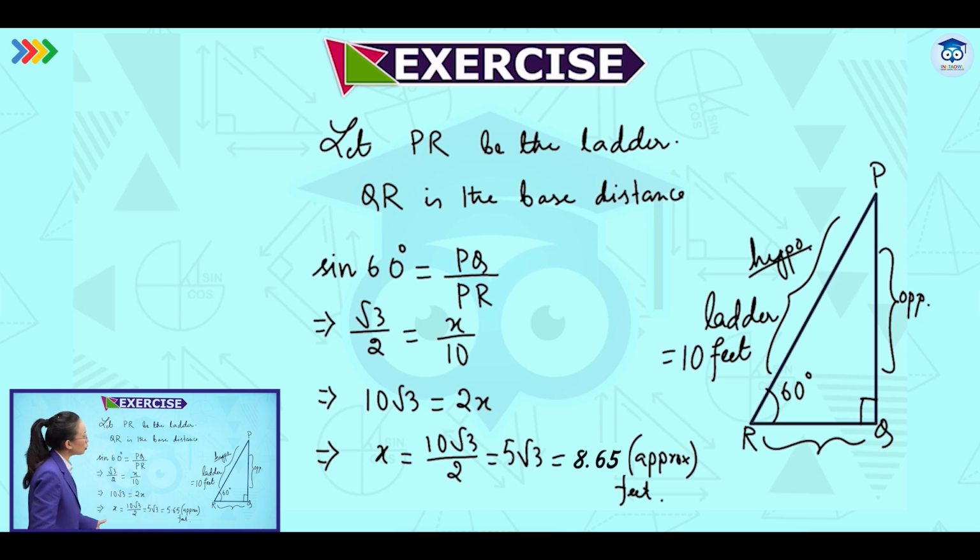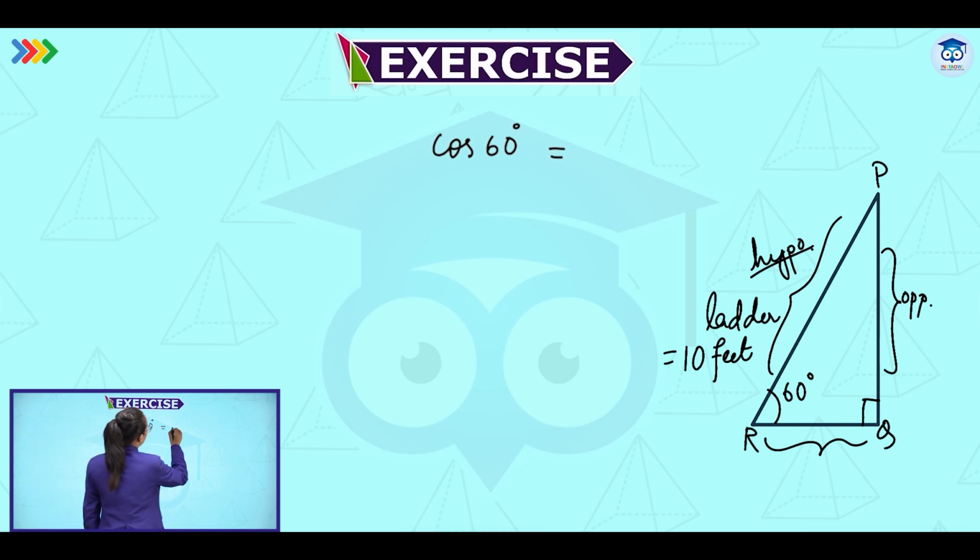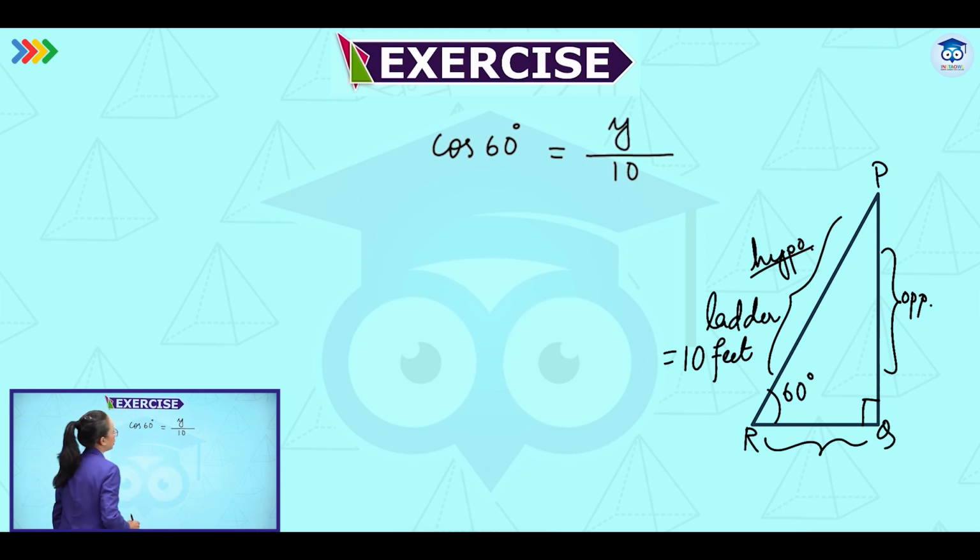Okay. Now we are going to calculate the RQ, right? So for this, we can use the cos. Cos 60 degree, right? So we are going to find out the adjacent upon hypotenuse. So already we know that the hypotenuse is given as 10. So we can consider the base is y. So we have cos 60, 1 upon 2, right?